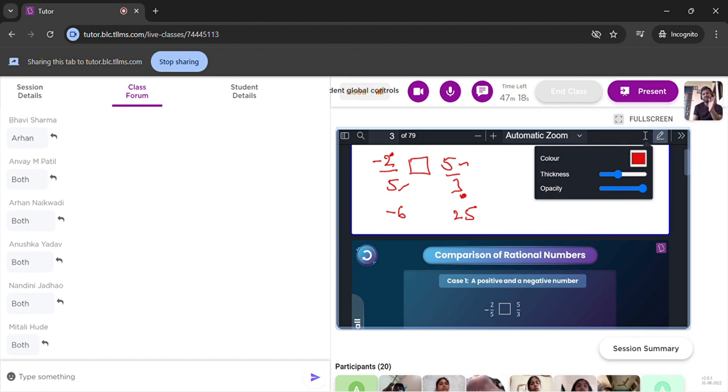Now you have to compare which one is greater, either minus 6 or 25. 25 is greater than minus 6. So in this way the sign will open its mouth towards 5 by 3, and we will get 5 by 3 is greater than minus 2 by 5.